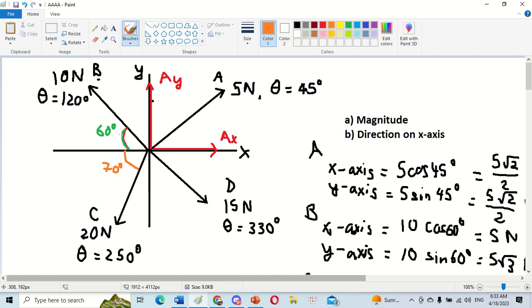Now I will highlight in green for vector BX and BY. This is for BY. This is for BX.